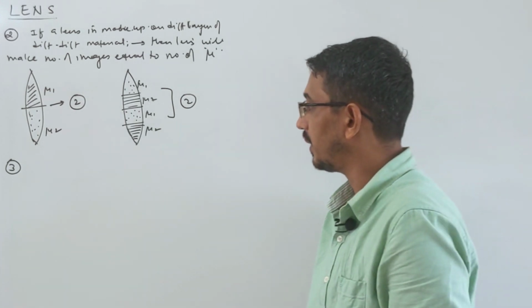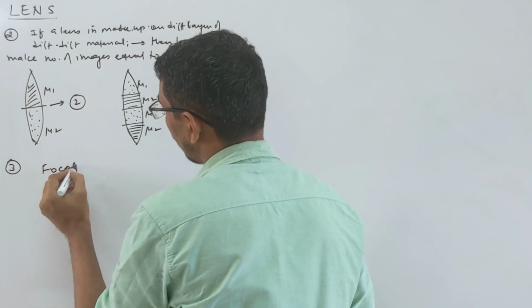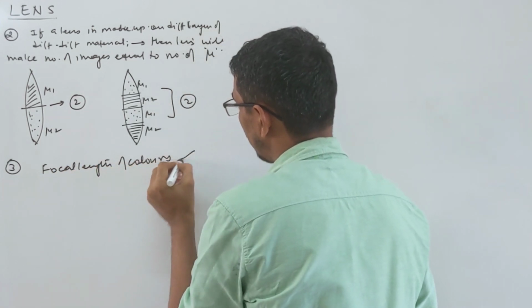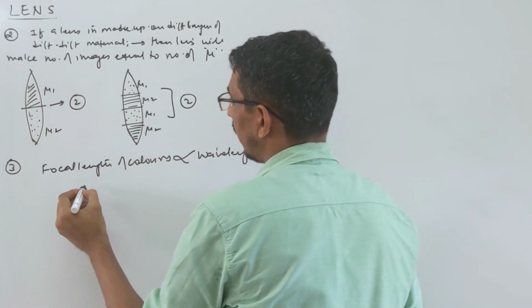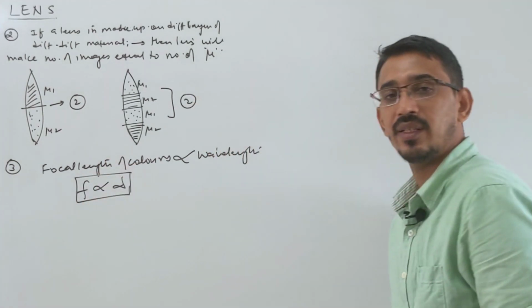Remember that, this question they can also ask you. The focal length of colors is directly proportional to their wavelength. Remember that f is directly proportional to lambda, right?